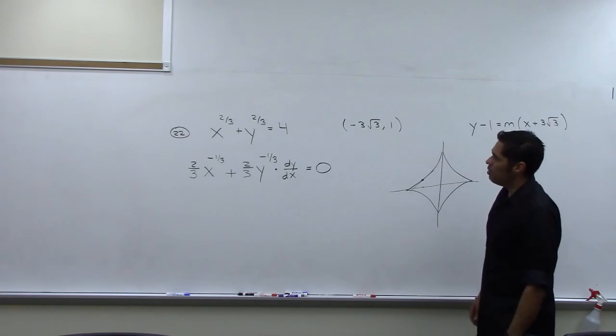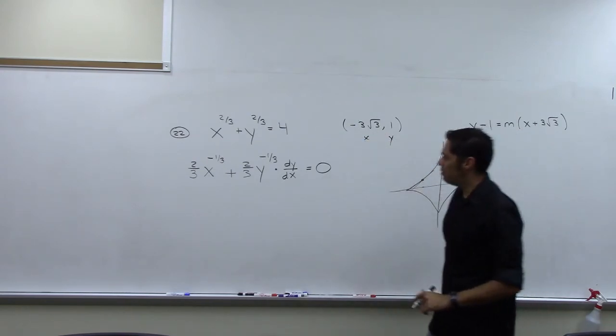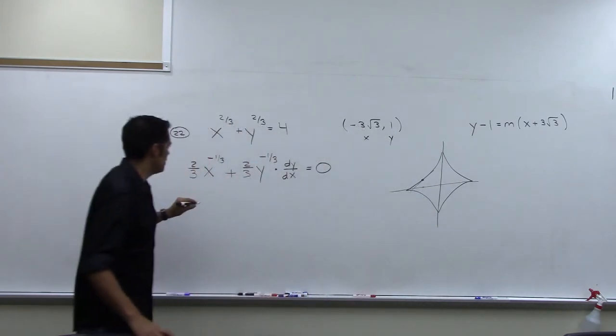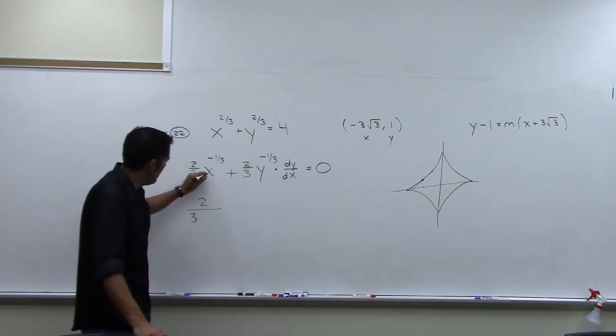And I actually know what my x is and my y is, right? Let me clean this up a little bit because it's going to be tough to look at. I have 2 over 3 x to the negative 1/3.